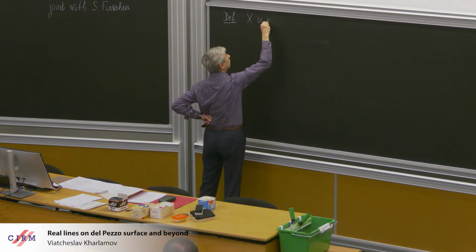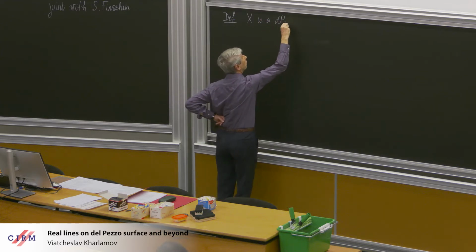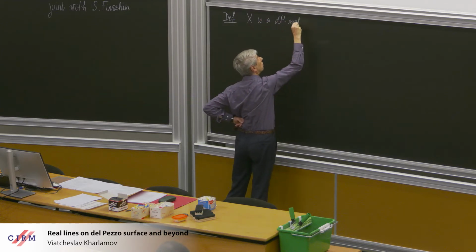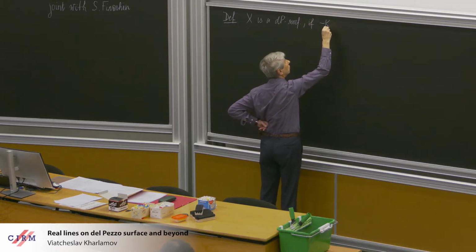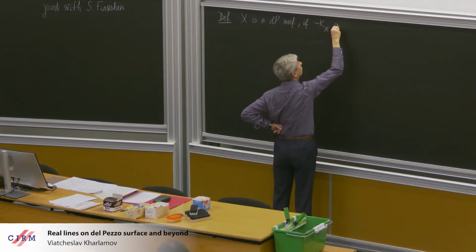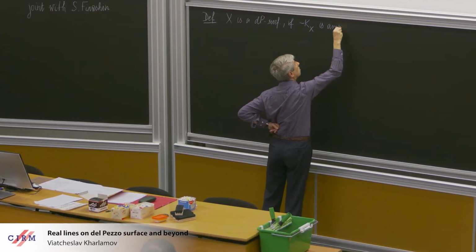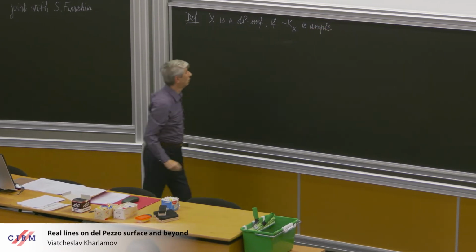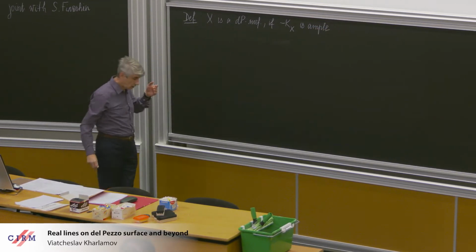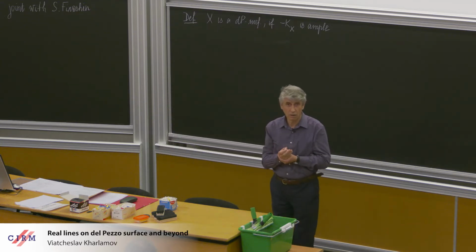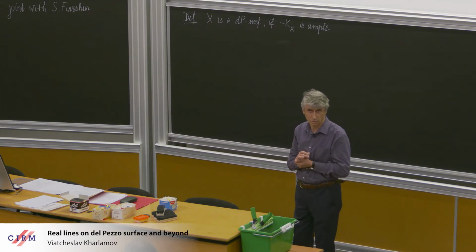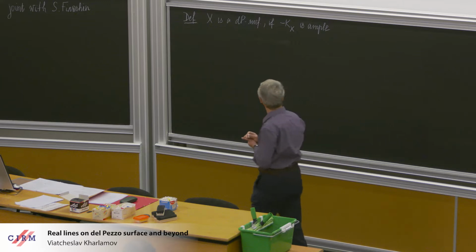So X is a del Pezzo surface if its anti-canonical bundle is ample. As a result, it becomes a very nice family of surfaces.